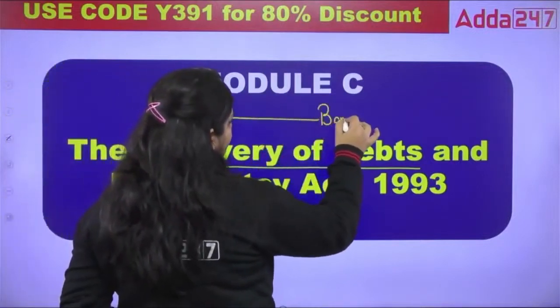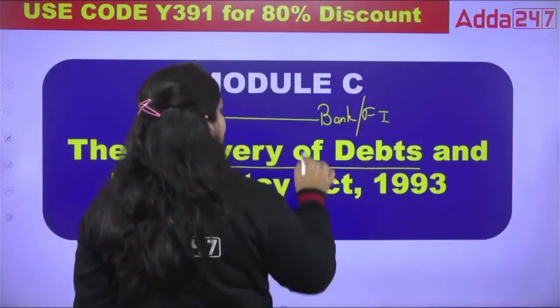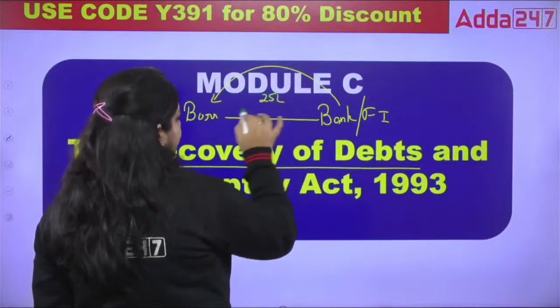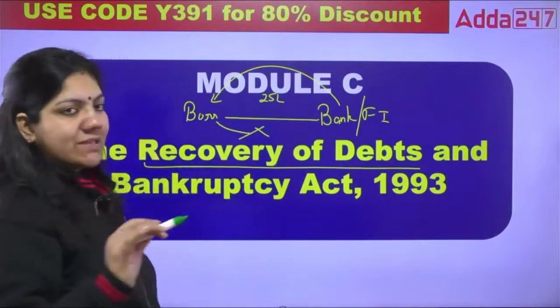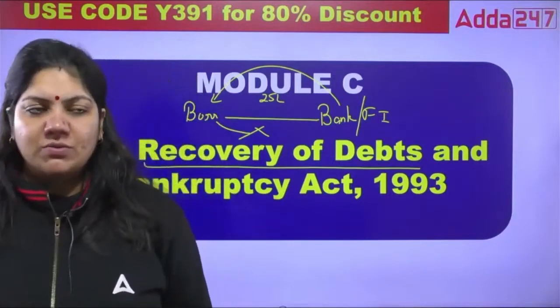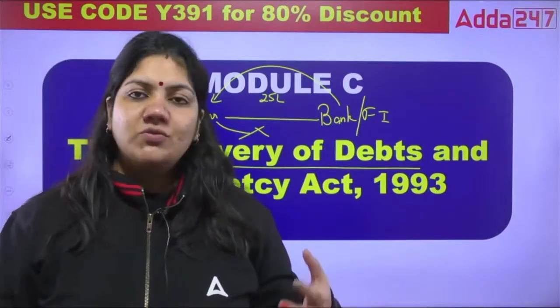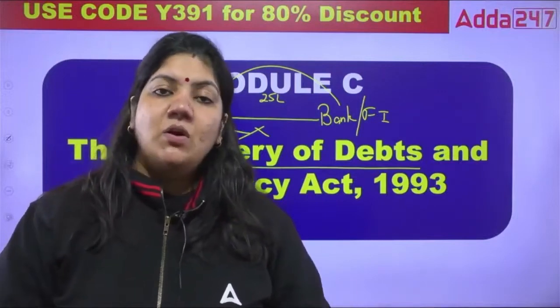The bank has given money to the borrower, and now the borrower is not able to pay the money. So in this case, what will happen? The bank has an option to go to the court, but the court does not treat banks and financial institutions as special, because in front of the court all are equal.